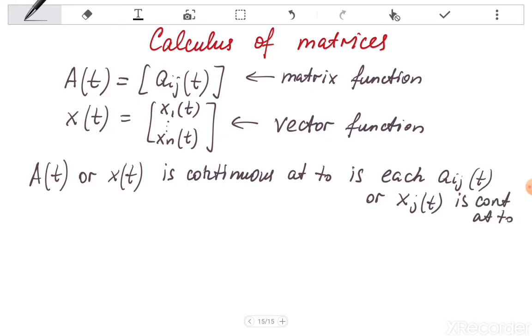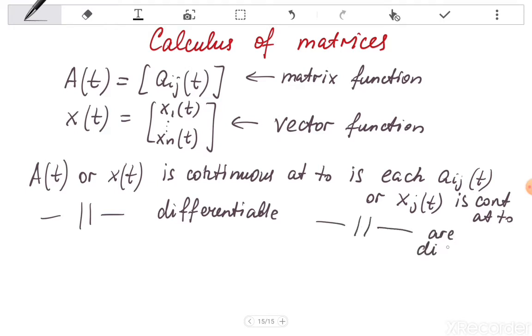And the same for differentiability, we say that these are differentiable if all these terms are differentiable. And also we can introduce the derivative if the matrix function is differentiable, or the vector function in this case.